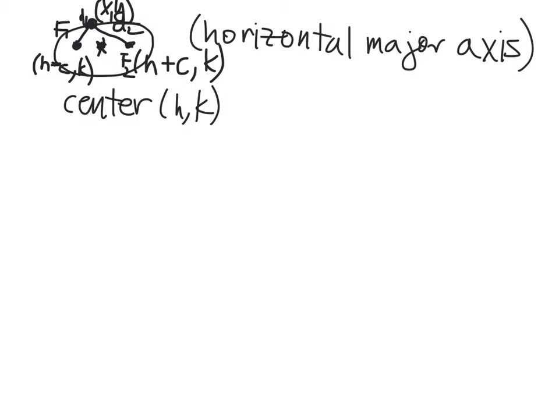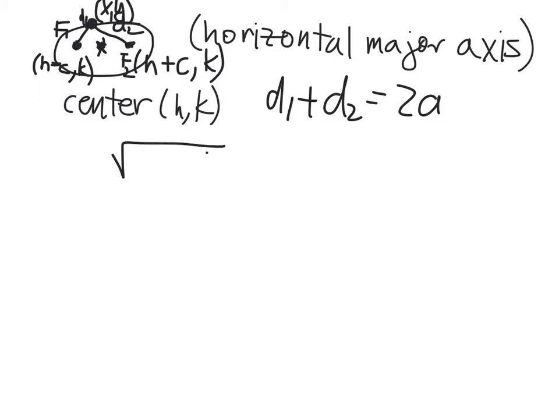So D1 plus D2 equals 2a, and we can say D1 will be the distance from (x, y) to (h minus c, k).